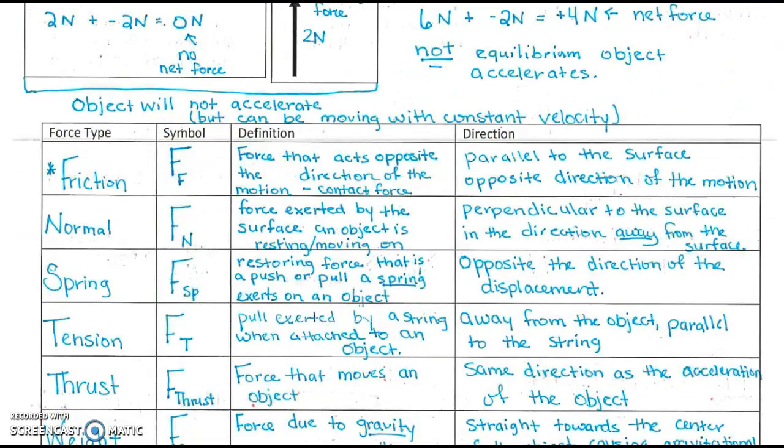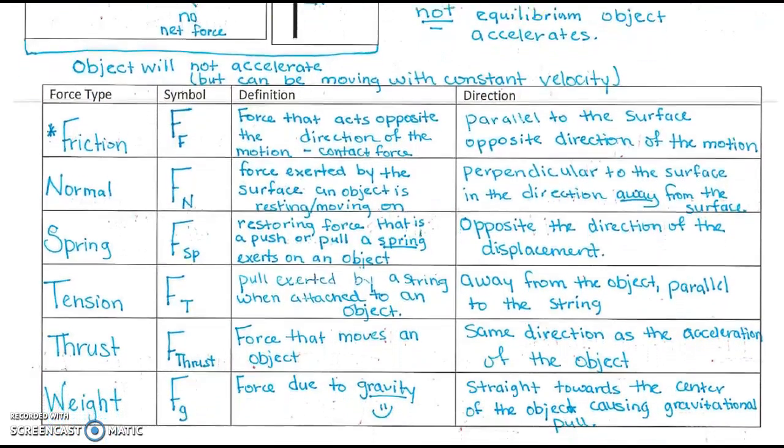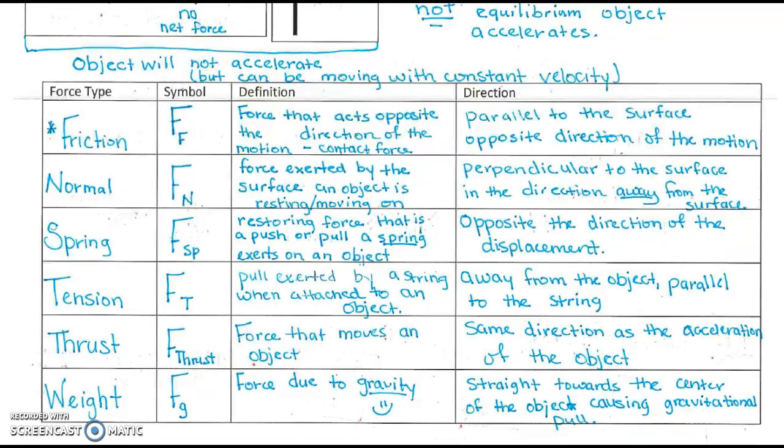We just have a few types of forces that we like to talk about, and that is the force of friction, and that's just a force that acts, it's a contact force that acts in the direction opposite of the motion, and it's typically parallel to the surface, opposite the direction. Then we have our normal force. This is one of the most important forces. We will see this one come back a lot.